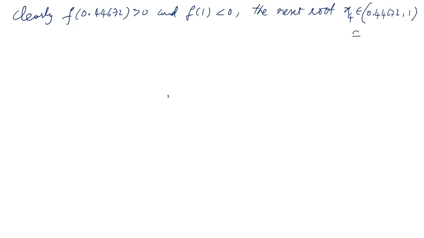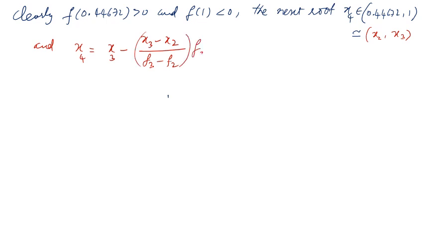Now x0 x1 is over and x1 x2 is over, so take this as x2 x3, and x4 equals x3 minus (x3 minus x2) by (f3 minus f2) multiplied by f3.